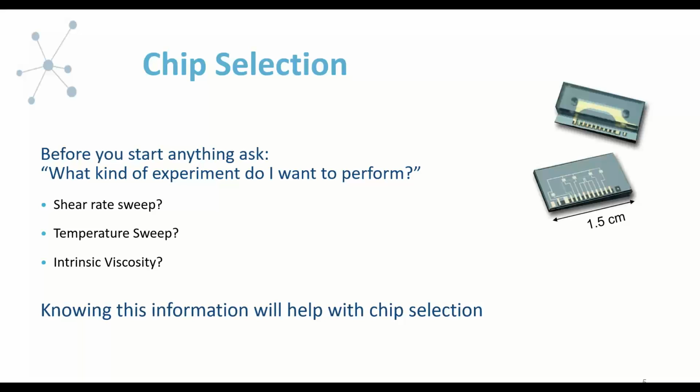We have A chips, B chips, C chips, and E chips, and I'll go into detail about those chips and the differences in a couple of slides. We can use different kinds of chips with different kinds of flow channels to then guide which instruments we use or which experiments we run. But the first question you need to ask yourself is, what kind of experiment do I want to perform? Am I running a shear rate sweep? Am I measuring my fluid over several different shear rates?